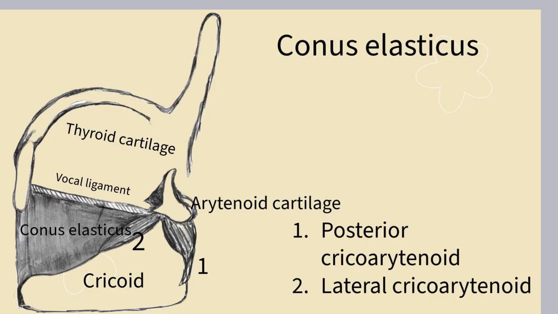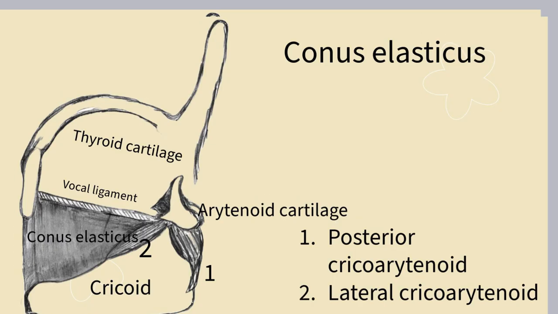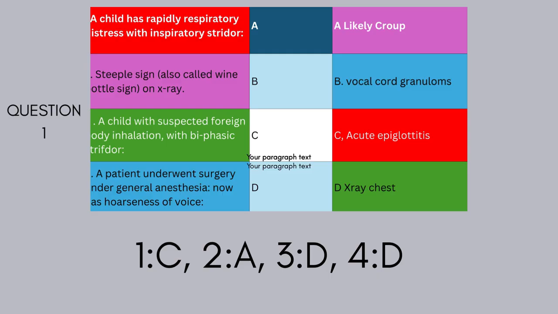As I told you, the lymphatic drainage of the infraglottis or subglottis is towards the trachea, so it goes to the prelaryngeal and paratracheal lymph nodes.